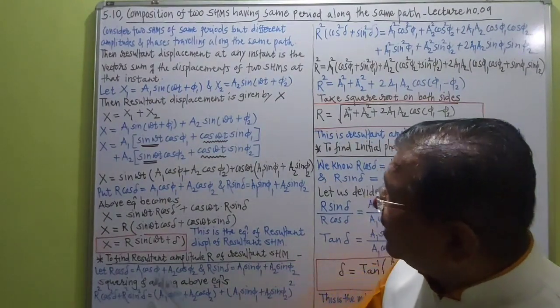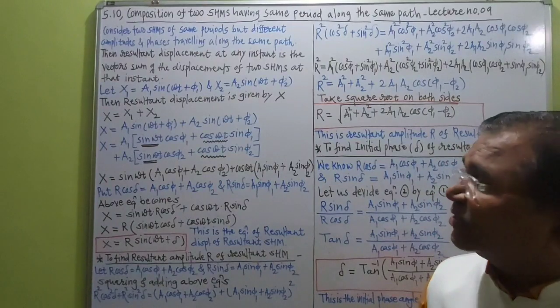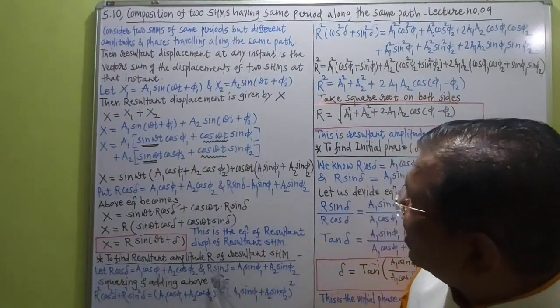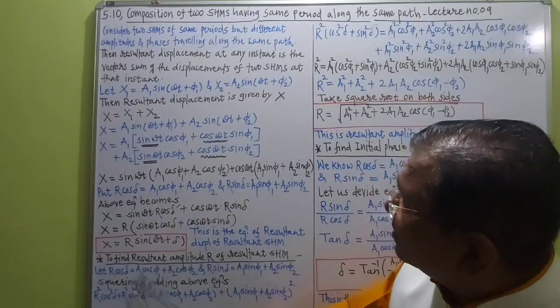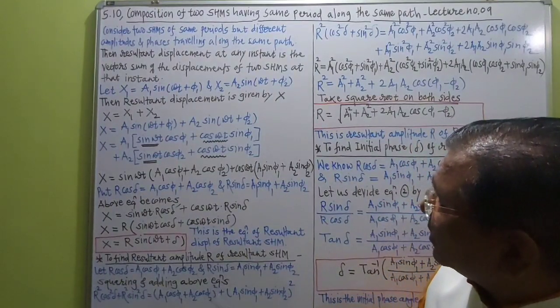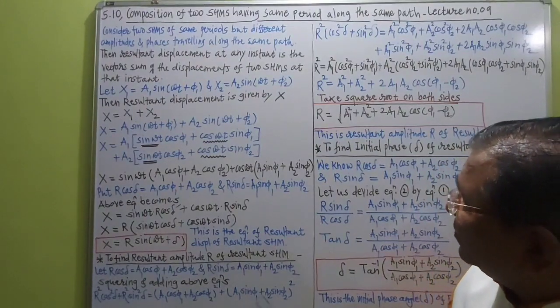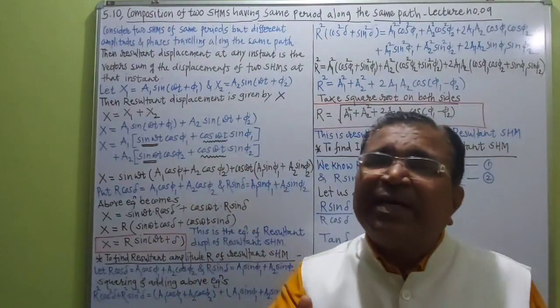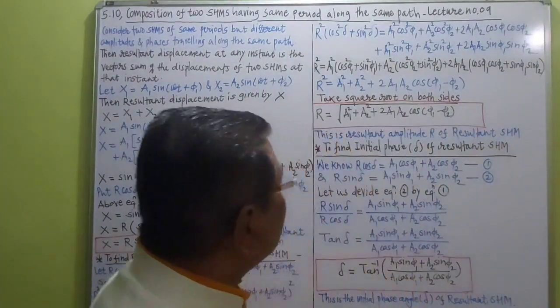Let us square and add the above equations. We can write R square cos square delta plus R square sin square delta equals A1 cos phi 1 plus A2 cos phi 2 bracket square plus A1 sin phi 1 plus A2 sin phi 2 bracket square.